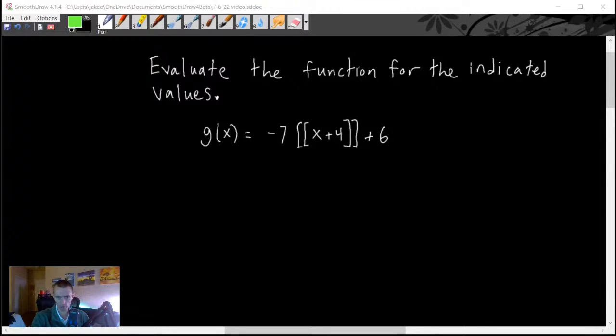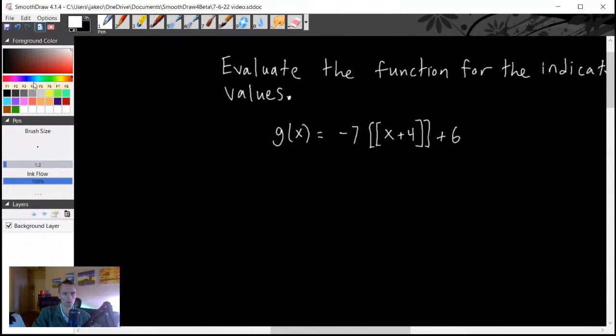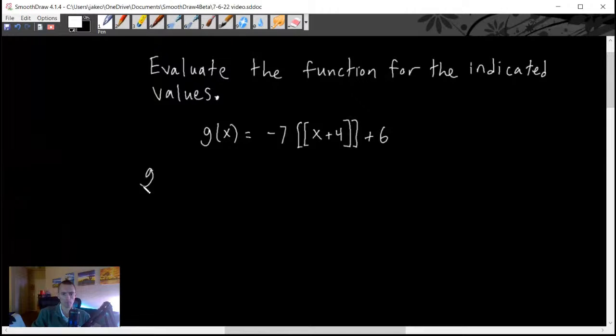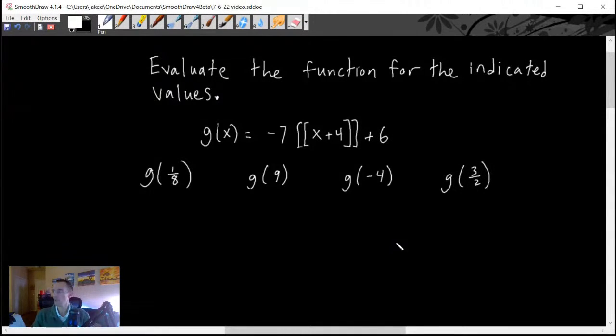So we're going to evaluate g of 1/8, g of 9, g of negative 4, and g of 3/2. All right, sorry about that. So we have a 4-part problem here. We're going to evaluate this function at these 4 different values.